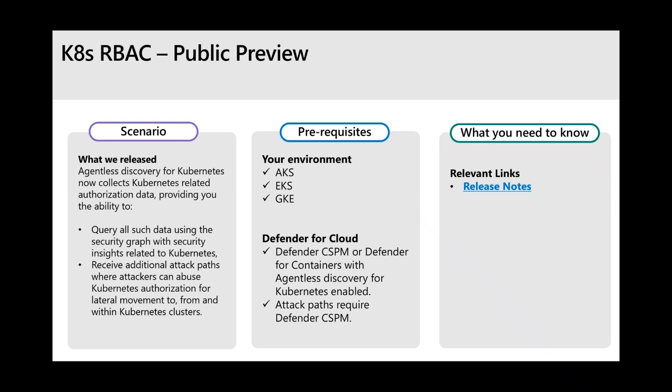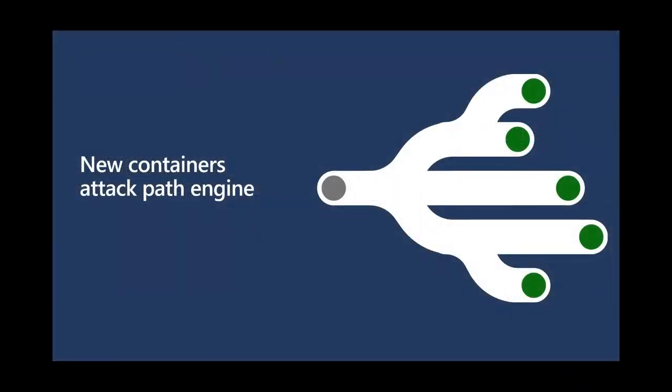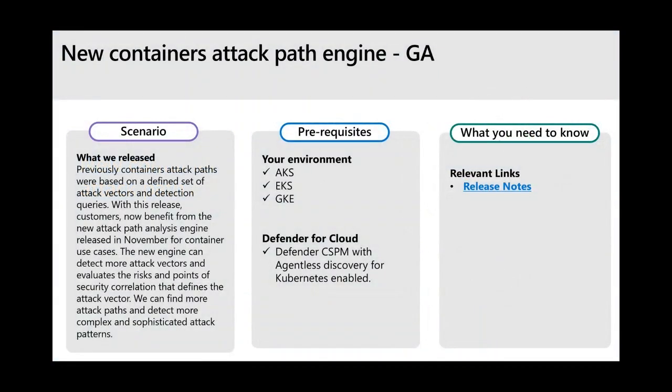So speaking of attack paths, we've also updated the engine that we're using to surface the attack paths. So first off, last year, we released a new attack path analysis engine. And what we've done here is extended that engine to also support container use cases.